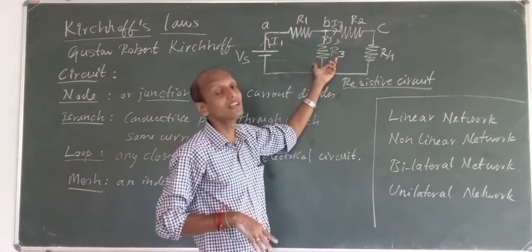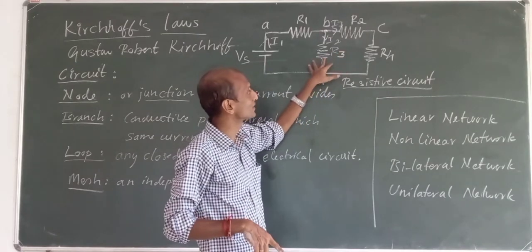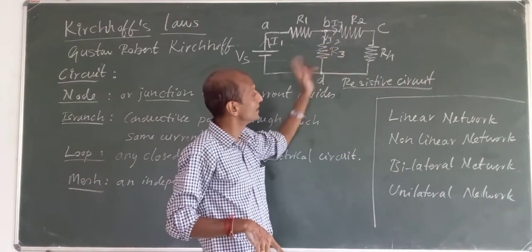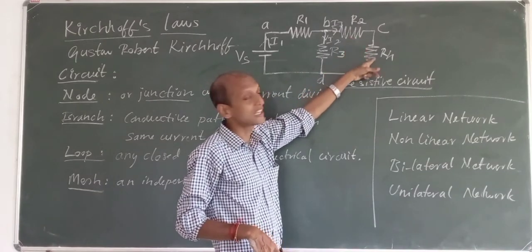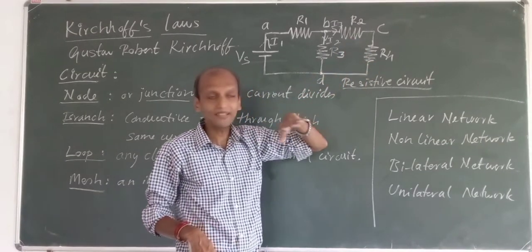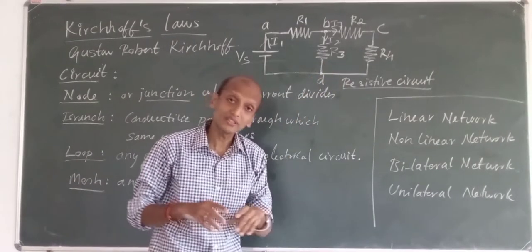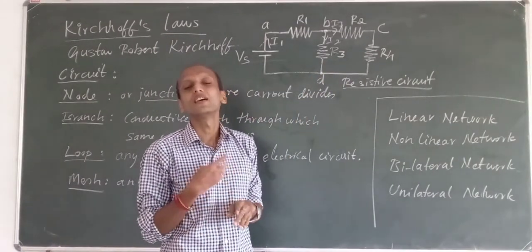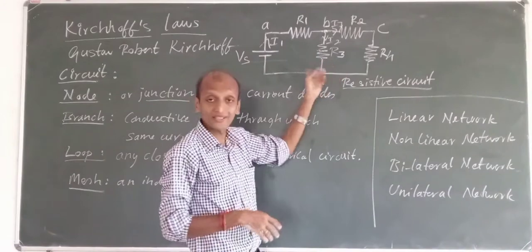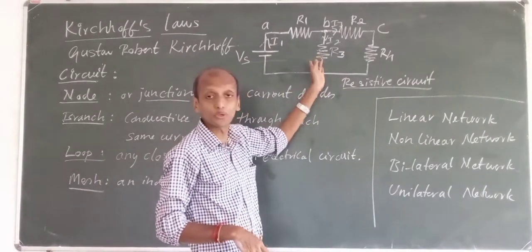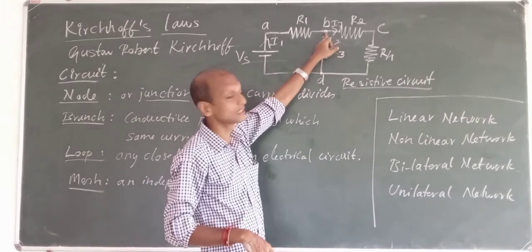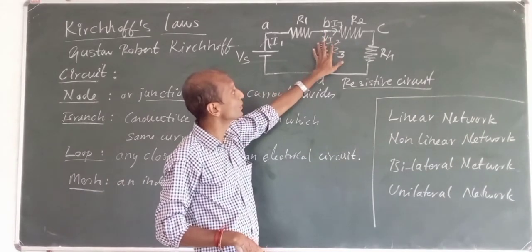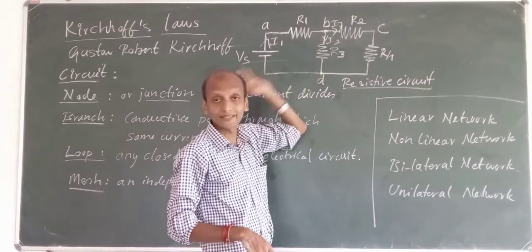Here it has one resistor R3 and here it has two resistors R2 and R4 which are in series. So it depends on the value of resistances how much current is going to flow. At this point the current divides into I2 and I3.